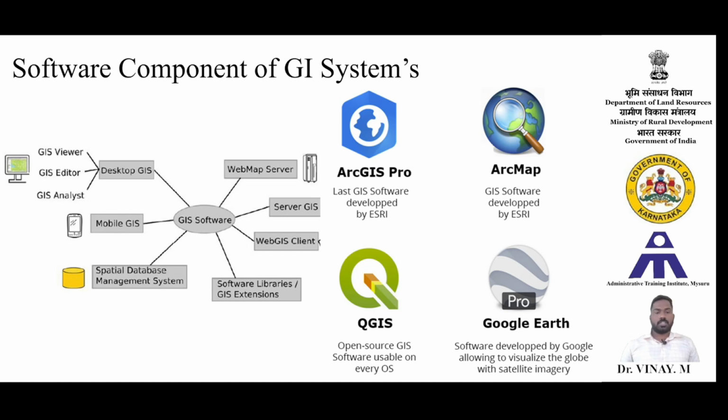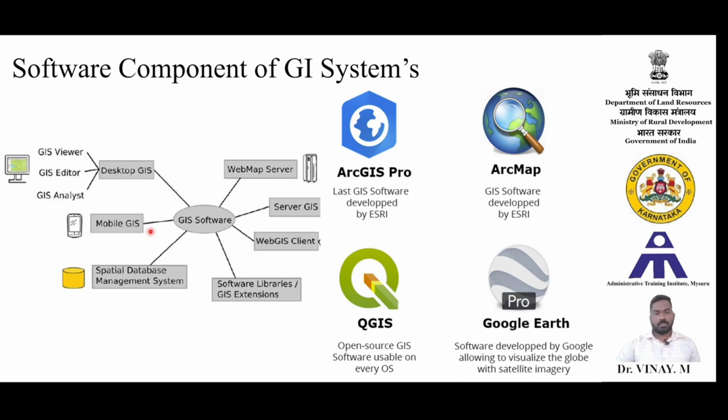The first category is the desktop GIS, where the software is installed on computers, desktop computers or a laptop, and it performs the collection, editing and visualization, everything on the desktop computer. Then GIS software is also classified as mobile GIS, where the software is designed to work with handheld equipment like mobiles.